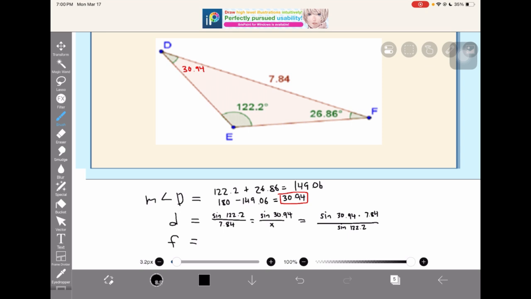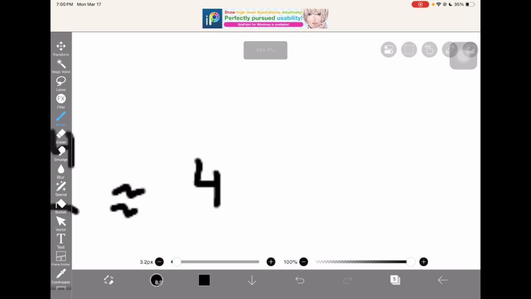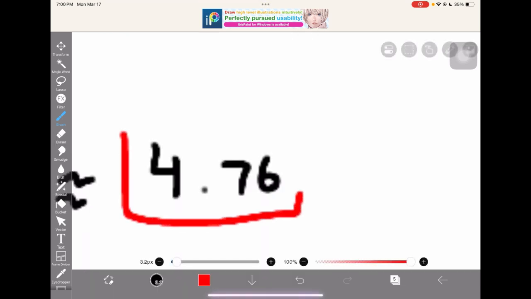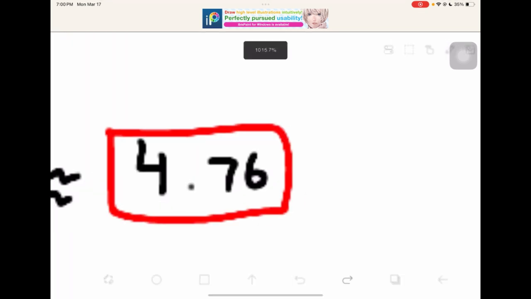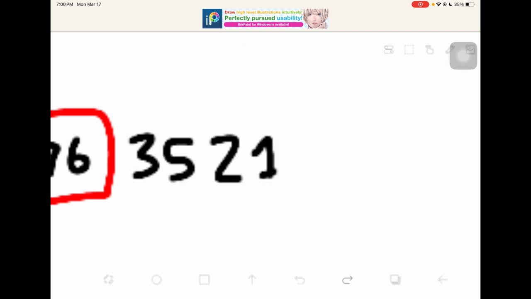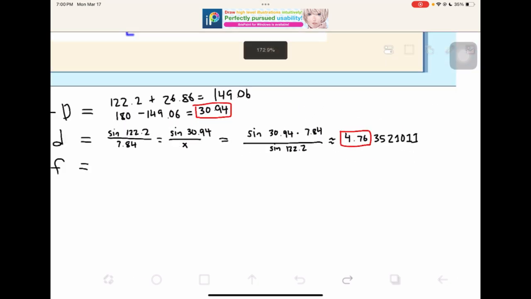That leaves us with an approximate value of 4.76, and just to confirm your answer is exactly correct, I'll add in the other decimal places. So 4.76352101. Okay, very good.